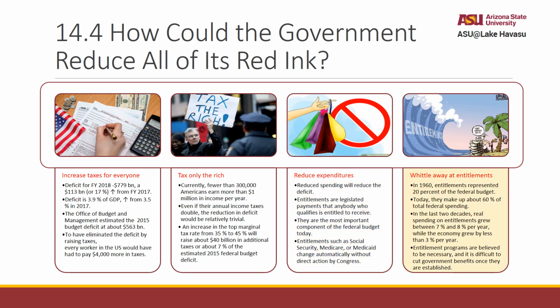There is a question: is it time to begin whittling away at entitlements? In 1960, spending on the entitlements represented about 20% of the total federal budget. Today, entitlement expenditure makes up more than 60% of the total expenditure.